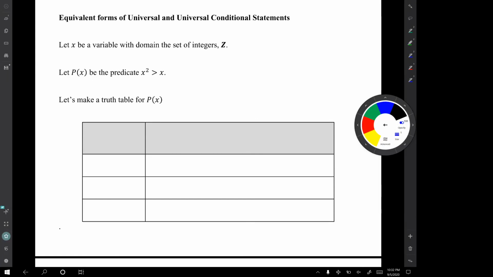Now I want to talk about equivalent forms of universal and universal conditional statements. Let x be a variable with domain the set of integers. And let P of x be, actually I'm going to change this predicate, P of x is the predicate x squared greater than 0. Let's make a truth table for this predicate.